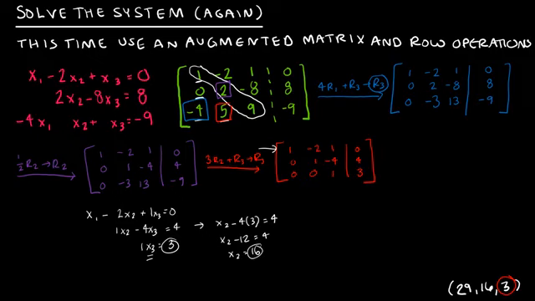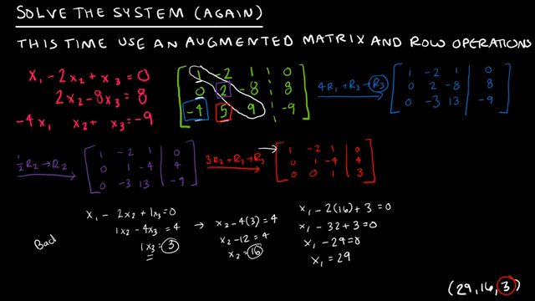And then I can take 3 and 16 and substitute those back into my original equation. So x1 minus 2 times 16 plus 3 equals 0. x1 minus 32 plus 3 is 0. x1 minus 29 is 0. x1 is 29. And again, I've solved the equation. So this is using back substitution.